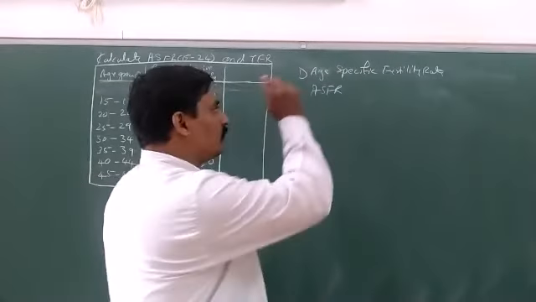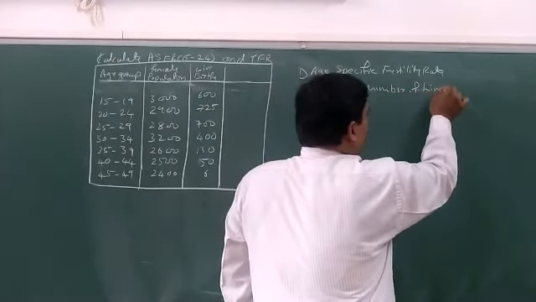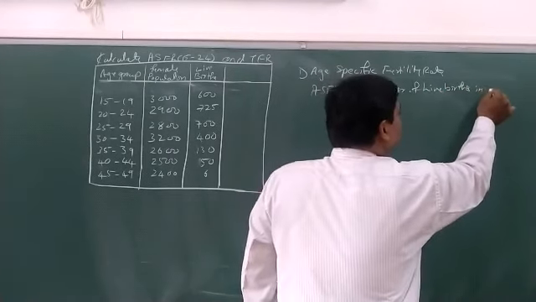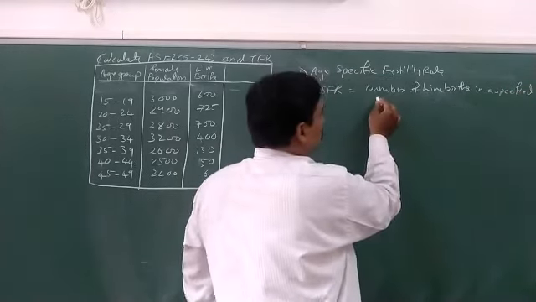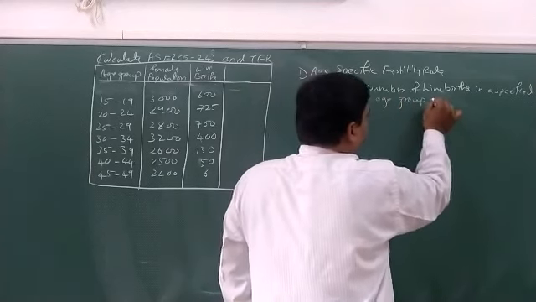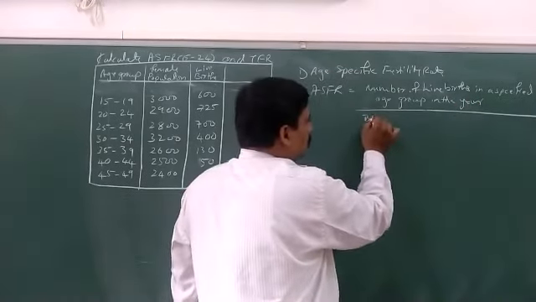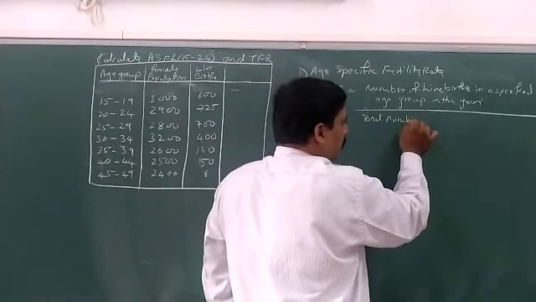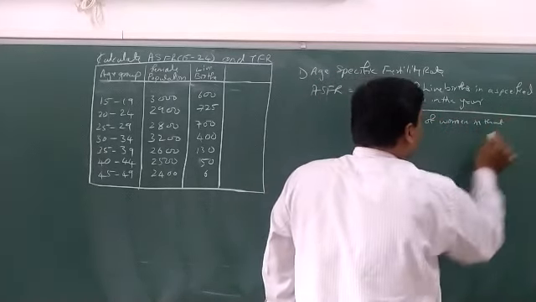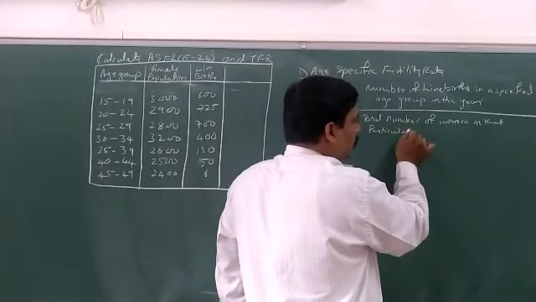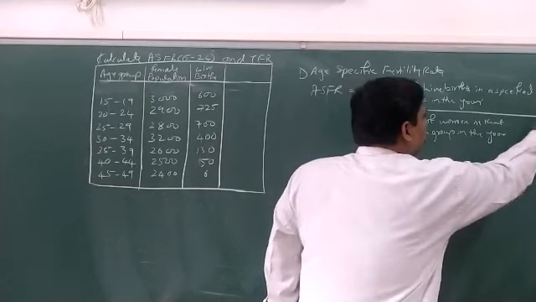So here the formula to calculate ASFR is: number of live births in a specified age group in the year, divided by total number of women in that particular age group in the year, into 1000.